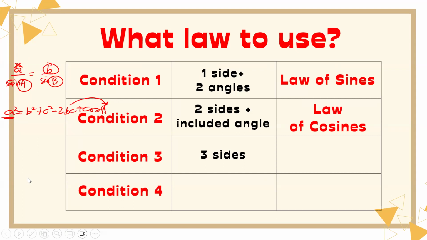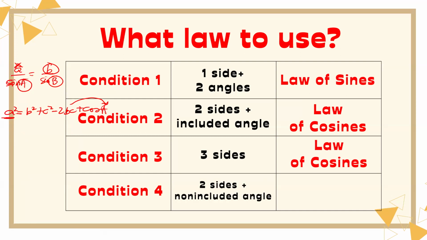If you have three sides given to you, we'll use the law of cosines, and if you have two sides and a non-included angle, we use either of the two, okay? So keep this in mind, write this in your notebook so that you will not forget. One side, two angles, law of sines. Two sides, one included angle, law of cosines. Three sides, law of cosines. And two sides and non-included angle, you can use either of the two laws, okay?